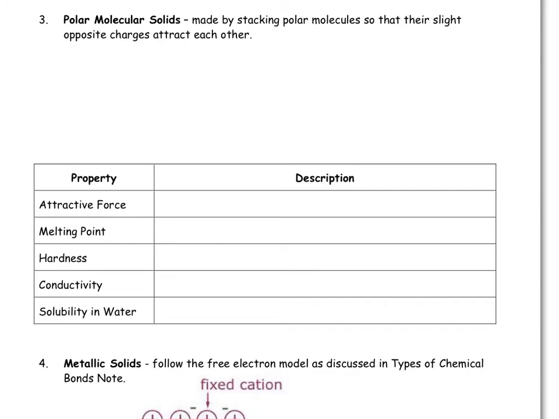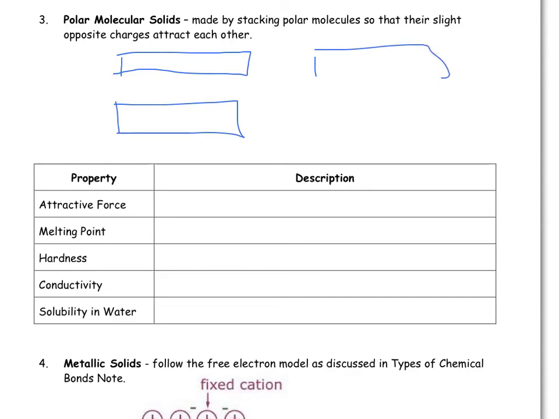Number 3, polar molecular solids. They're made by stacking polar molecules so that their slight opposite charges attract each other. We can represent these building blocks by drawing bars again. But these bars will have slight positive and slight negative charges on them in opposite orientation so that they will attract each other.